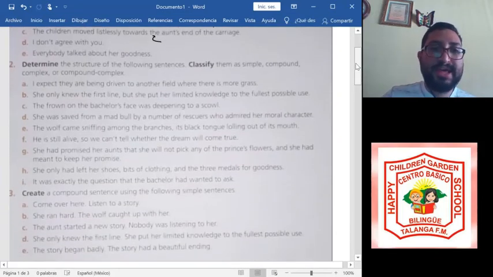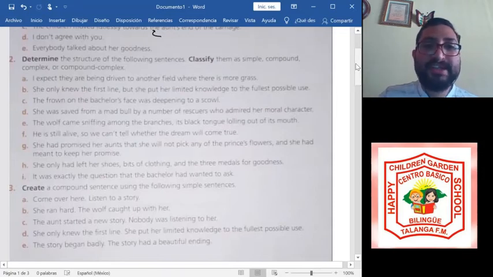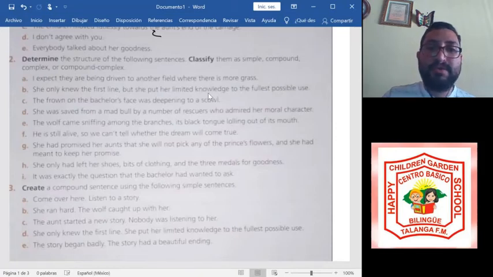Now we have to determine the structure of the following sentences. Classify them as simple, compound, complex, or compound complex. We're going to read each sentence, and we're going to write beside it what kind of sentence it is. I expect they are being driven to another field where there is more grass. So what type of sentence is that? So we got a compound sentence.